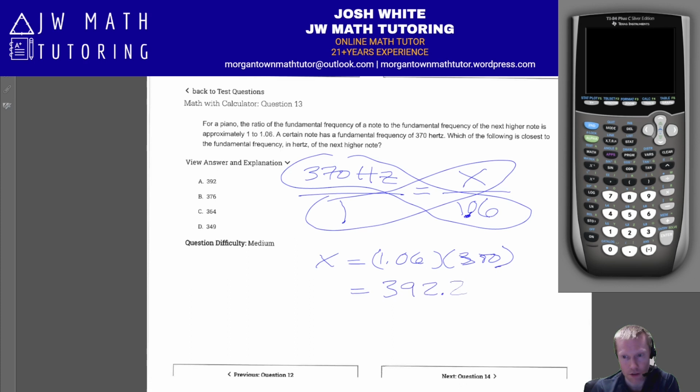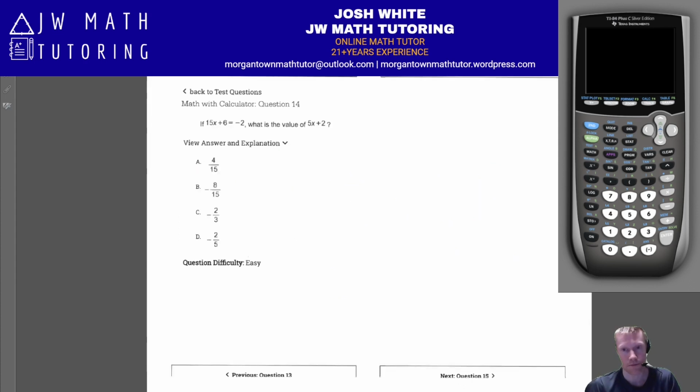Again, that you just do on the calculator. And that just gets obviously rounded off to 392. So the correct answer for this one is going to be letter A, 392 hertz. That's the frequency of the next highest note after 370 hertz.